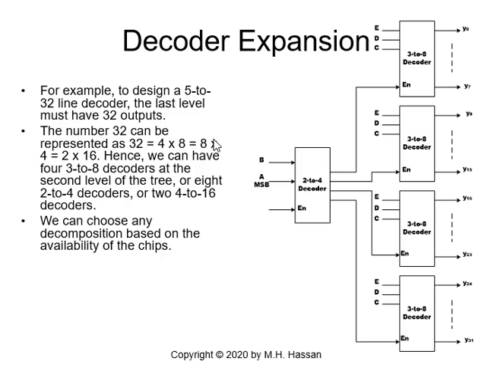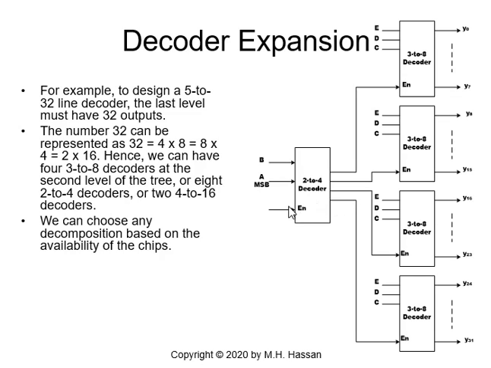So we have any scheme that we can use. What we are using here is 4 by 8. We can choose the decomposition based on the availability of the chip.